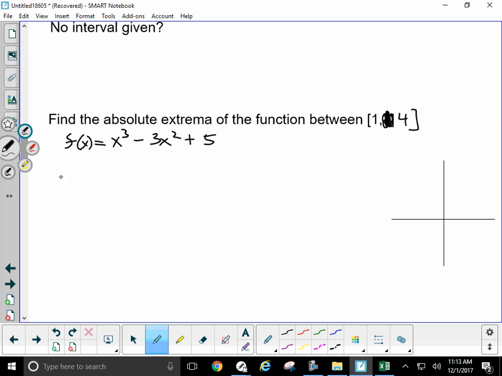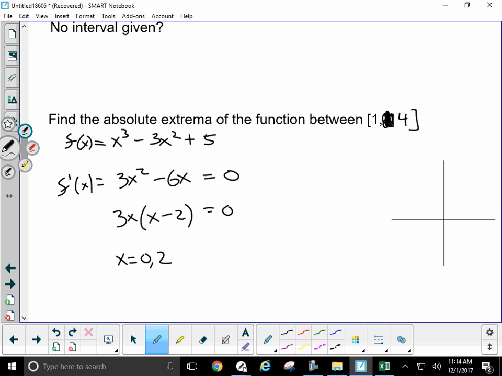All right, well, step 1, set the derivative equal to 0. We already did this. Boom. And you get 0 and 2, however, your interval's from 1 to 4. So since your interval's from 1 to 4, you're only going to care about 2.